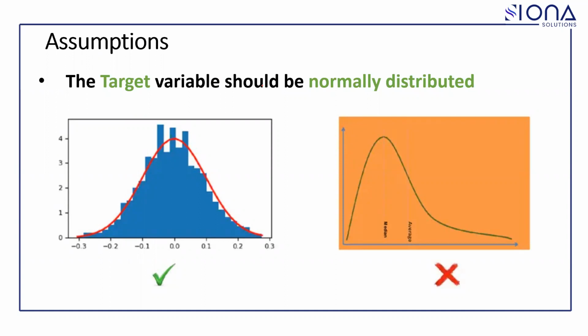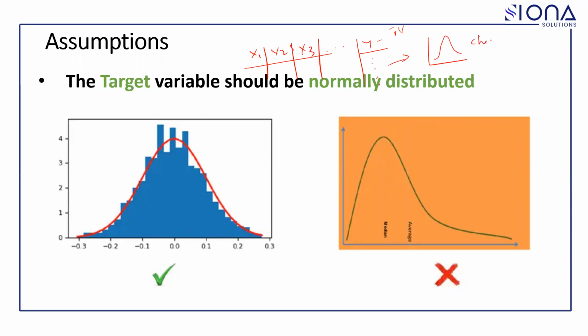Basically, in any data frame you have x and a y. These are explanatory variables or independent variables. This is your target variable or dependent variable. So the distribution of this should be normal.